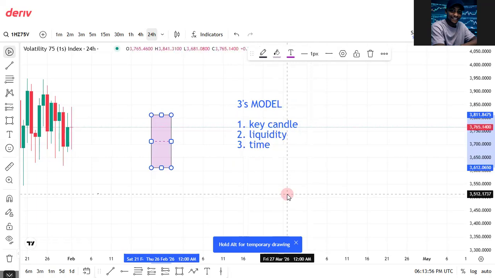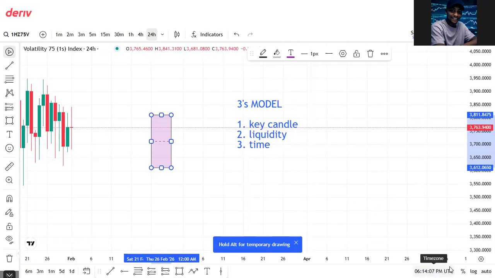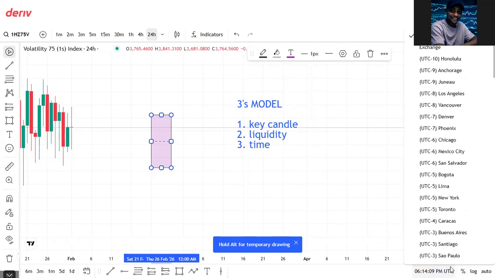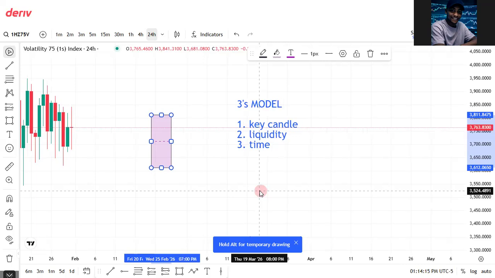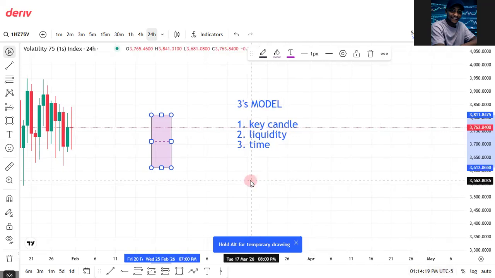The time we'll be using here is New York local time. Just go down here where you see UTC, click it, and set your time to New York local time. For every synthetic index, they have their own operating time.